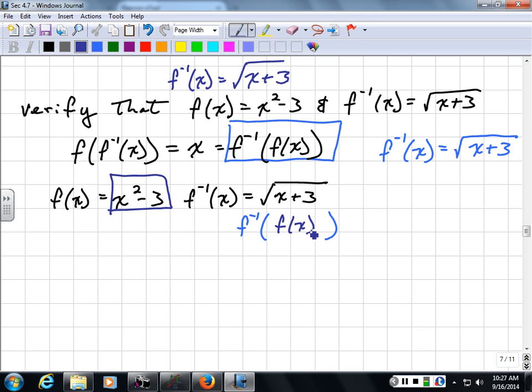But what is f of x? Well, f of x is this x squared minus 3. So that means that I'm looking at finding f inverse of x squared minus 3. Remember, whatever's in the parentheses here is going to go back into my function wherever I see x. So I take this x squared minus 3, and I'm going to cram it down the throat of this one. So this whole thing is now going to be equal to the square root of, and then the x becomes x squared minus 3, plus 3.